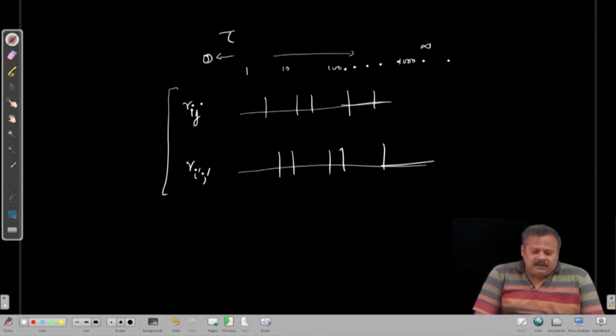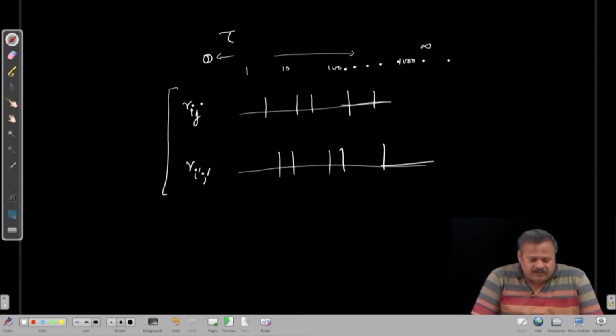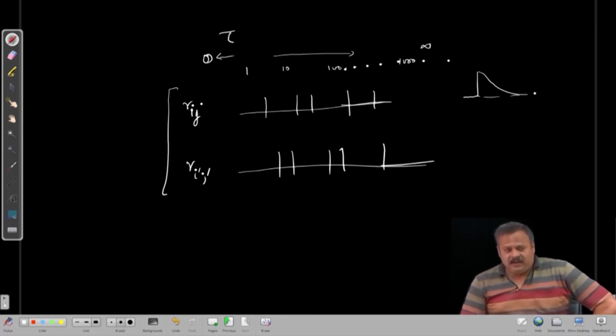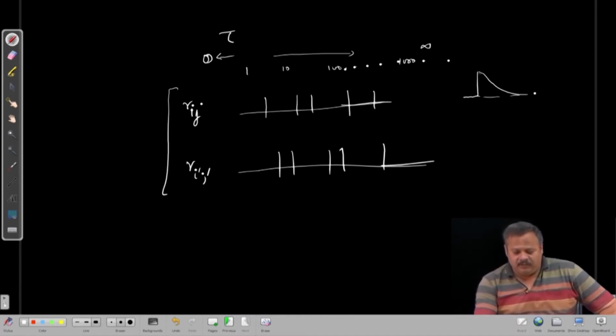We can think of the postsynaptic potential corresponding to each of these spike trains by convolving each of the spike trains with an exponential decay, which is essentially the shape of the EPSP produced by the spike train, an idealistic shape.